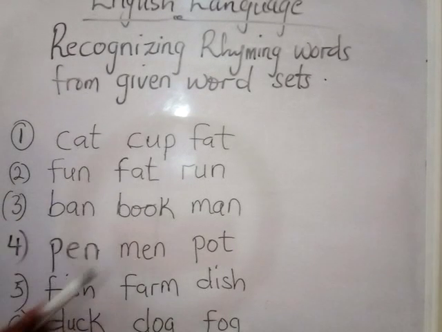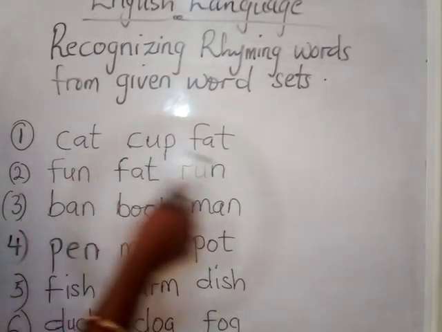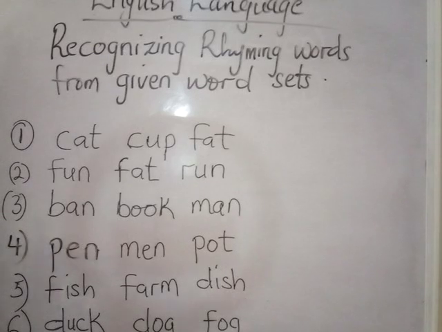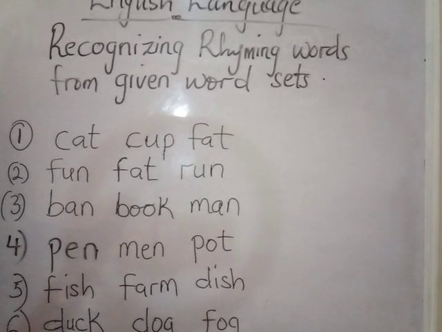So in our short words, you will find that we don't have so much choice. We may just have beginning and ending sounds, so those are what we're going to use to determine our rhyming words in this set of words.